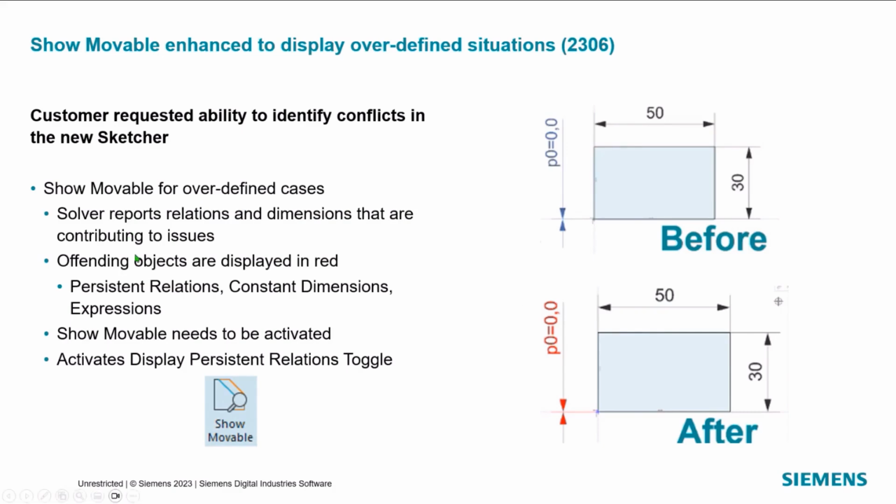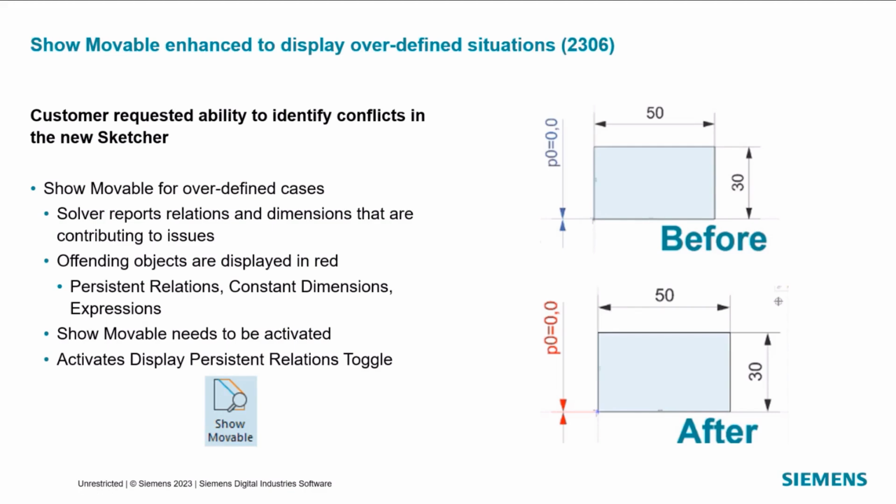And then there's the ability to create different kinds of relations. I'm going to try to explain this in case you haven't been working with the new sketches yet. So in the new sketch, instead of constraints, there are relations, which look a lot like constraints, but relations can be discovered by NX when you start to make some edits.